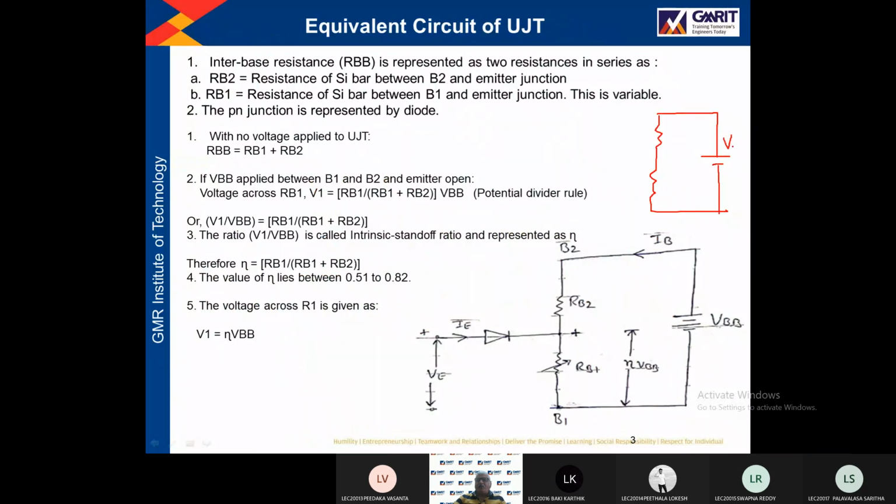This is VBB. This is RB2, and this is RB1. And suppose you want to find the voltage across this.